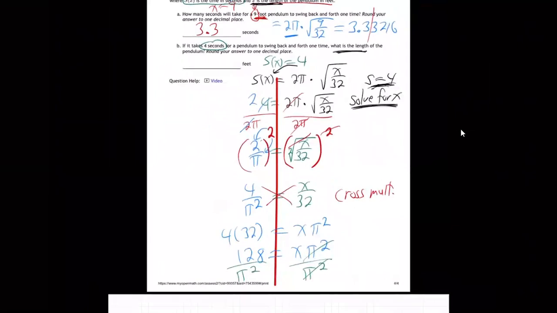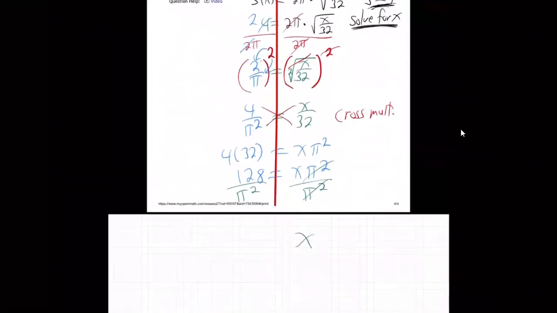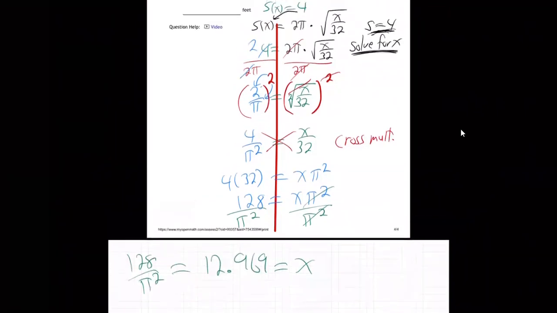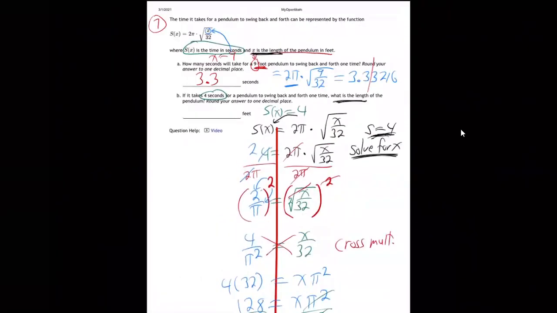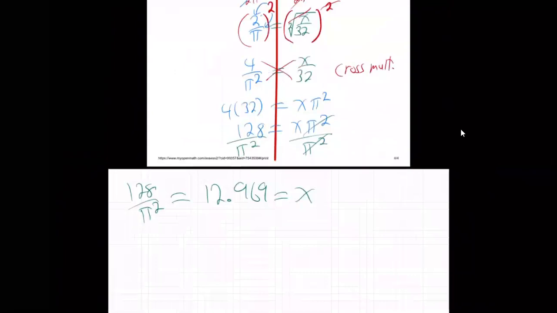This is round to one decimal place. So let's take the calculator. 128 over pi squared. What's that? You got to divide by pi and divide by pi again. So I'm getting 12.969. How many decimal places is that? I'm going to cut it right here, and that 6 will round 12.9 up to 13.0, because we got to round up.